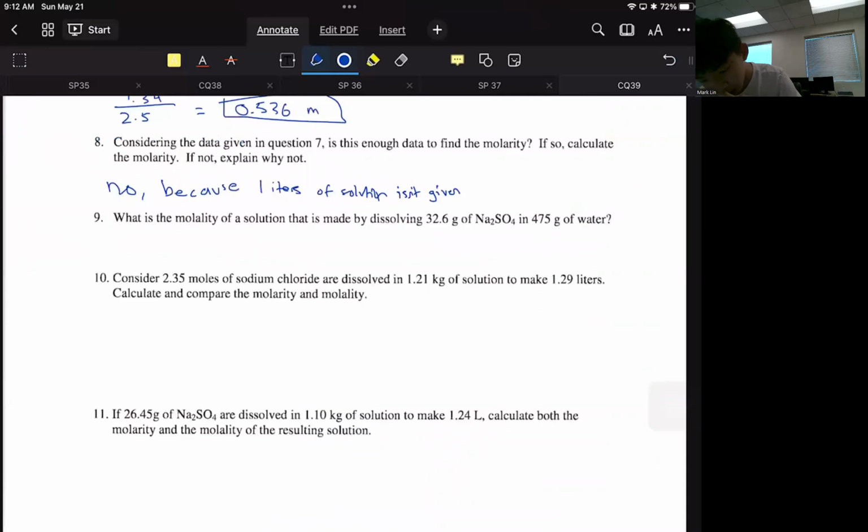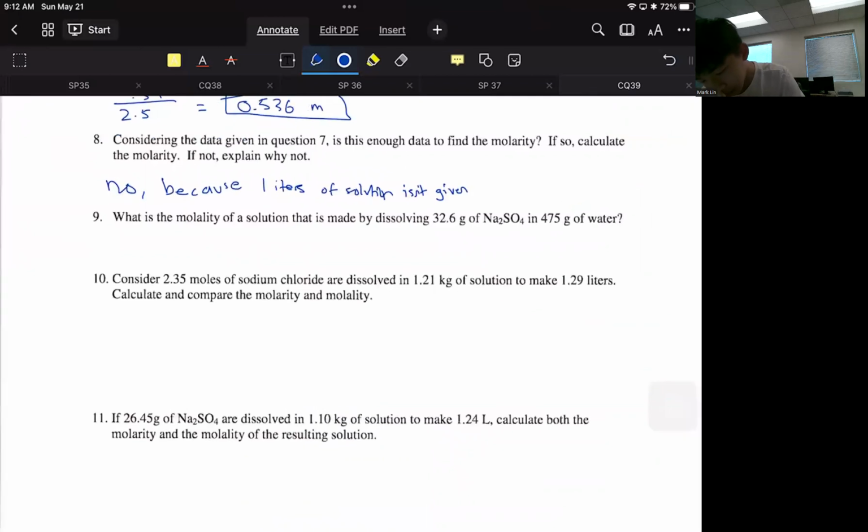All right, number nine, what is the molality of the solution that is made by dissolving 32.6 grams of Na2SO4 in 475 grams of water? So first, we have grams of solute, right? But we need moles of solute. So we take 32.6 grams and use the molar mass of Na2SO4.